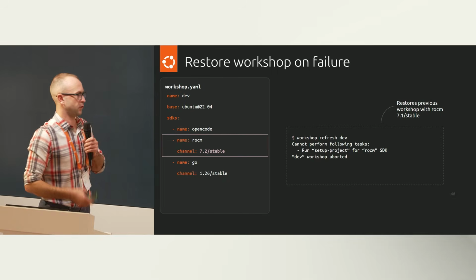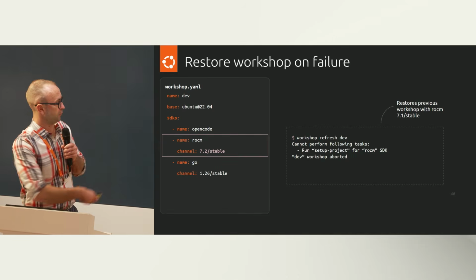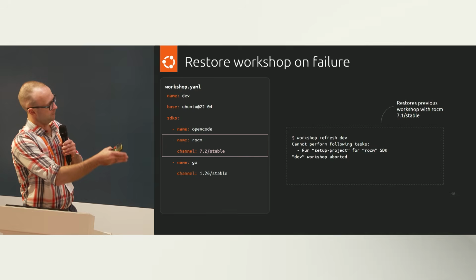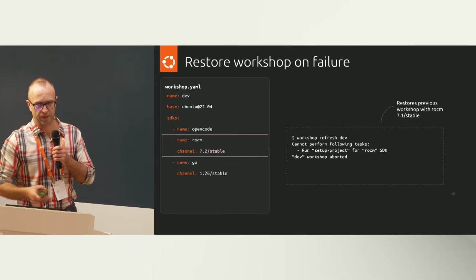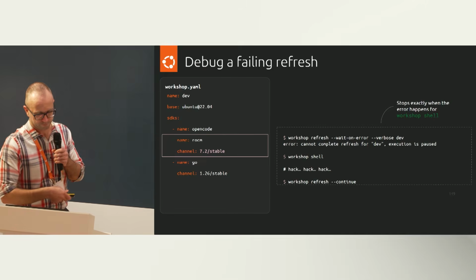If it fails to do so, it just rolls back to the previously working version of the workshop. So in this case, update to 7.2 failed, and workshop just aborted the run and restored the previously running container.